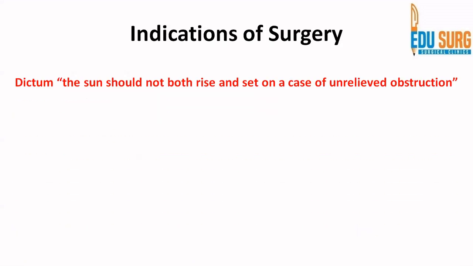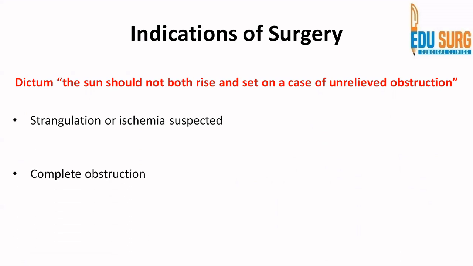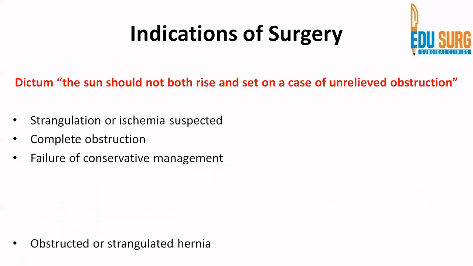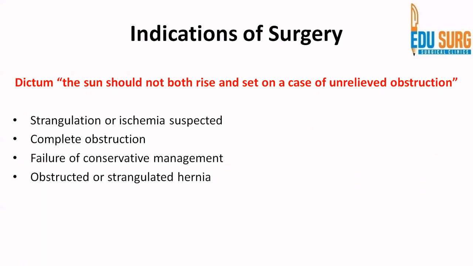Coming to indications of surgery, we have known this dictum for a very long time in our books as well, that the sun should not both rise and set on a case of unrelieved obstruction. The dictum is that if there is strangulation or ischemia suspected, or complete obstruction, or failure of conservative management, obstructed or strangulated hernia, malignant obstruction, and closed loop obstruction, patients who do not recover on conservative management, all these patients need surgery.